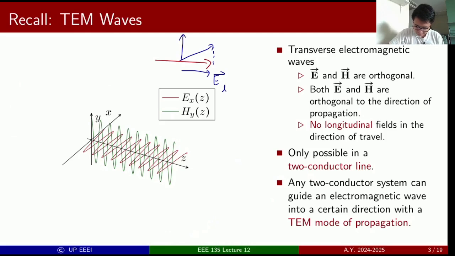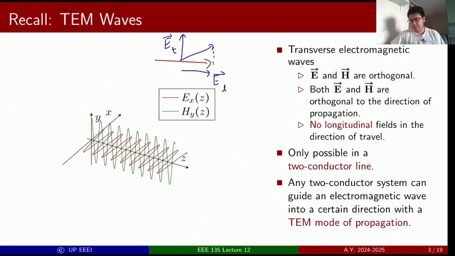And this is your transverse electric field. So for a transverse electromagnetic wave, both the electric field intensity and the magnetic field intensity don't have any longitudinal component while the wave propagates.